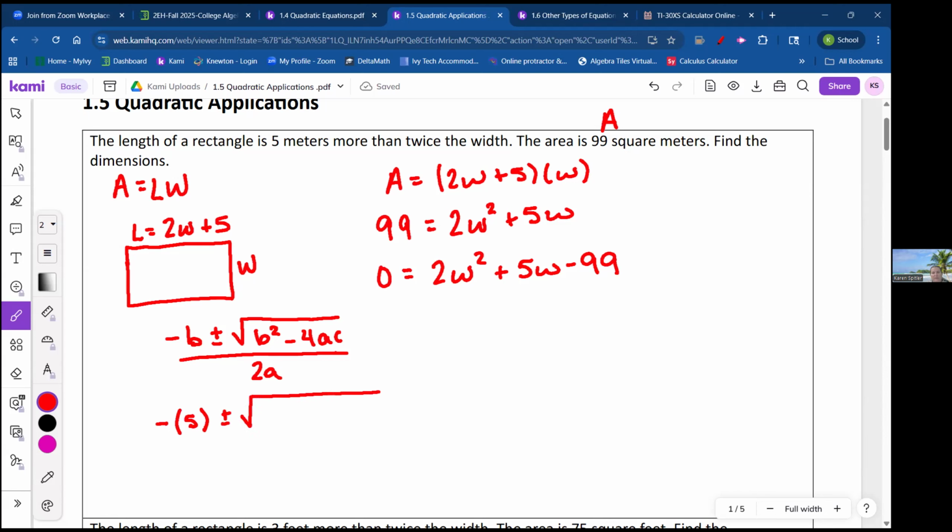And again, still using parentheses, 5 squared minus 4 times 2 times negative 99, which I'm going to use a calculator for because I don't know that math in my head. And then 2 times 2.